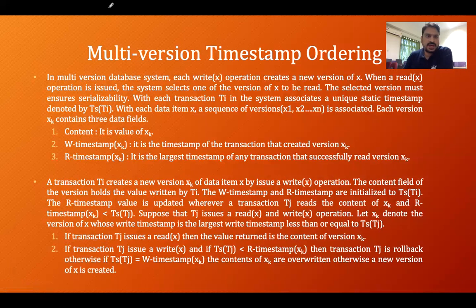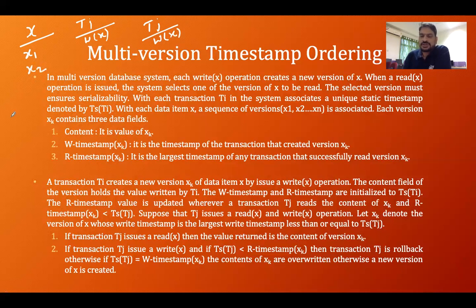So if we have a data item X, in the multi-version timestamp ordering protocol, whenever a transaction Ti issues a write request, a version will be created. If another transaction Tj issues a write request, then after the write request, another version of X will be created.